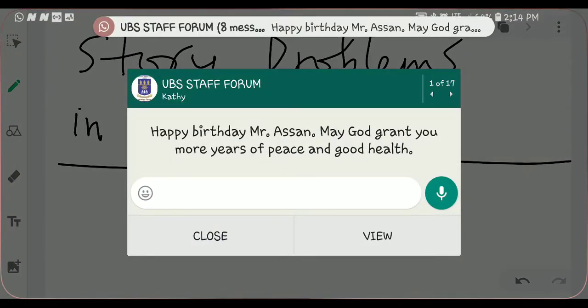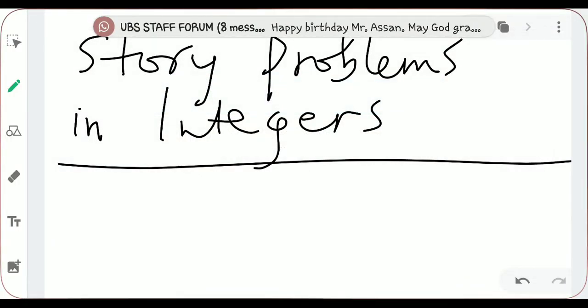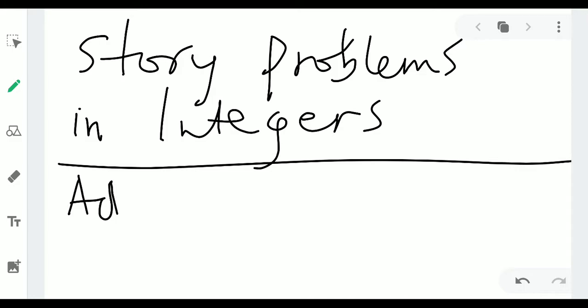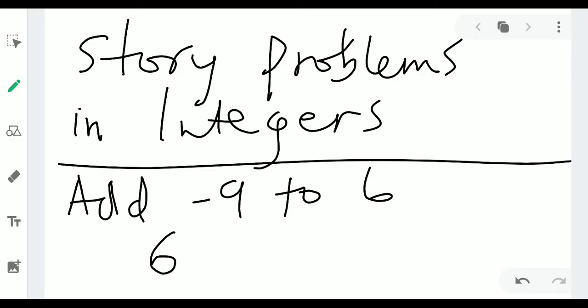For example, add -9 to 6. What it means is that you have 6 there already, and you are going to add -9.